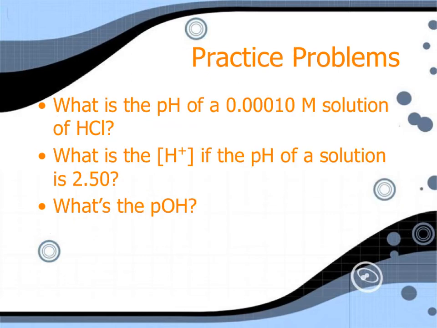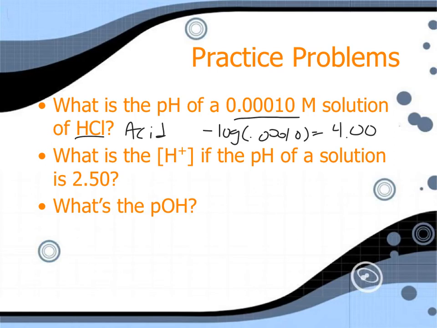So let's diagnose this first one. We've got 0.0001 molar HCl. That's an acid. So if I take the negative log of that number, I get 4.00. That's the pH. Remember, the negative log of an H plus, or the negative log of an acid, is the pH.